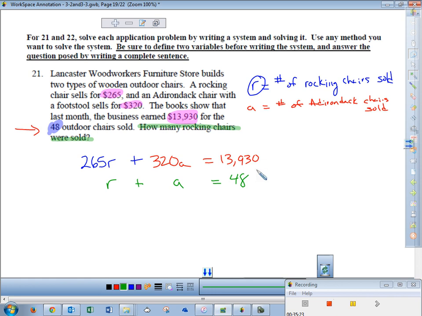I can solve this. 3 methods: graphing, substitution, or elimination. I would choose elimination. Don't I have R's on top of each other, A's on top of each other, equals on top of each other, and constants? So let's get something to eliminate. If this is a 265R, what would this have to be to make it go away? So let's take everything down here times negative 265.